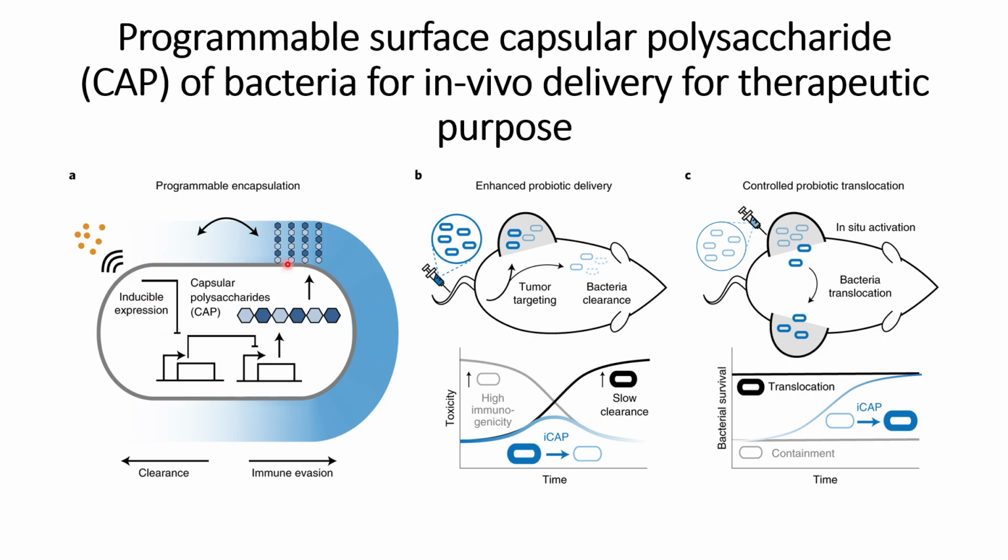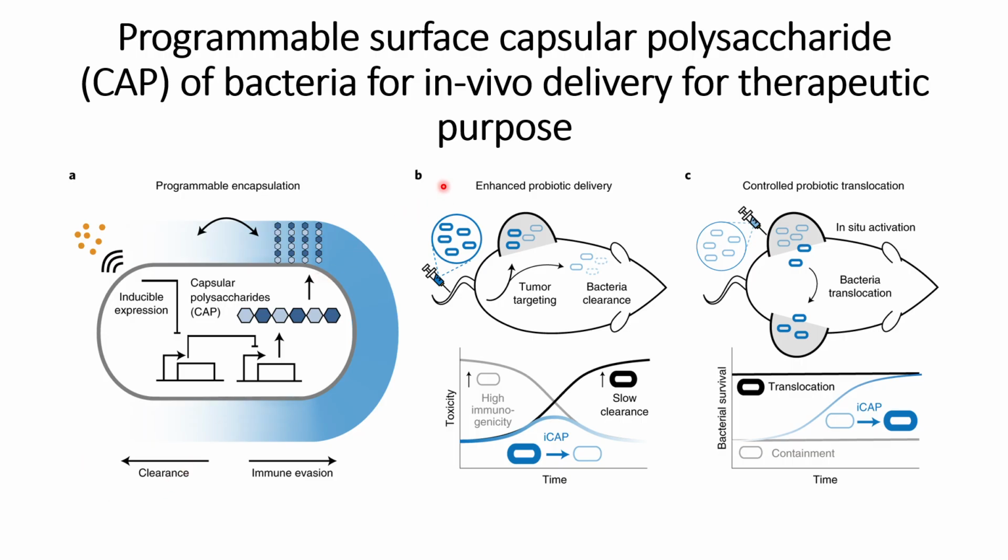And these things depend on the extracellular factors. So for example, if they are in the tumors, then they will focus on this immune evasion, and this helps in the delivery of the synthetic circuit that is present within this bacteria. If they are in the normal cells, then they might go towards this clearance.